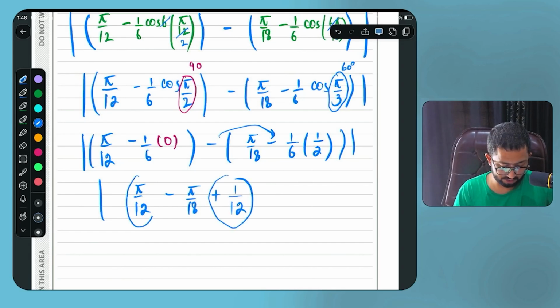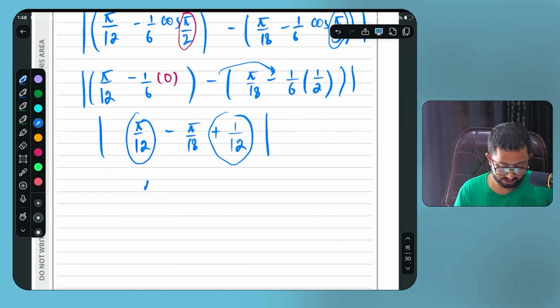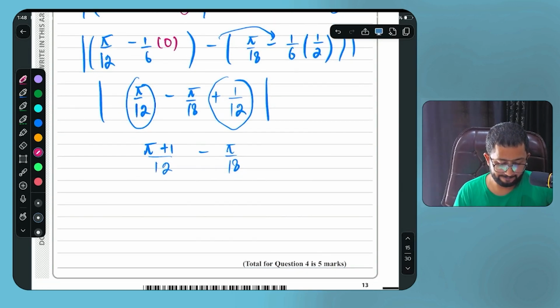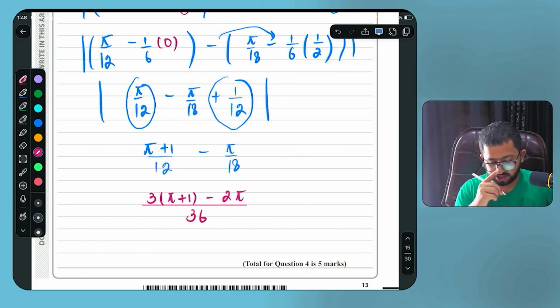Take the LCM for both of them. Pi plus 1 over 12 minus pi by 18. I hope everyone can take the LCM easily. So 12 and 18 can be divided by 6. 6 3s are 18, and 6 2s are 12. In the denominator, you will see 36.